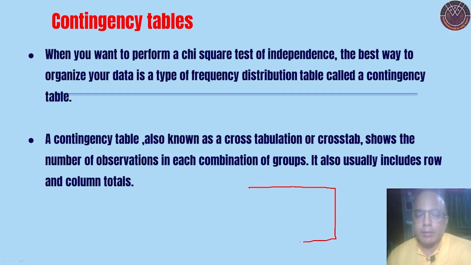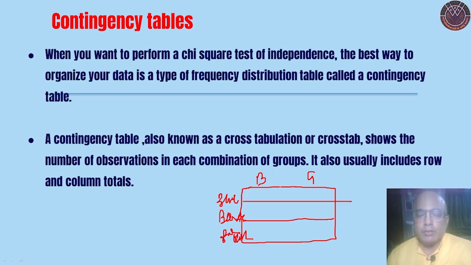So suppose here boys and girls, and here eye color: blue, then black, and then brown. So you can put the number of frequencies here.